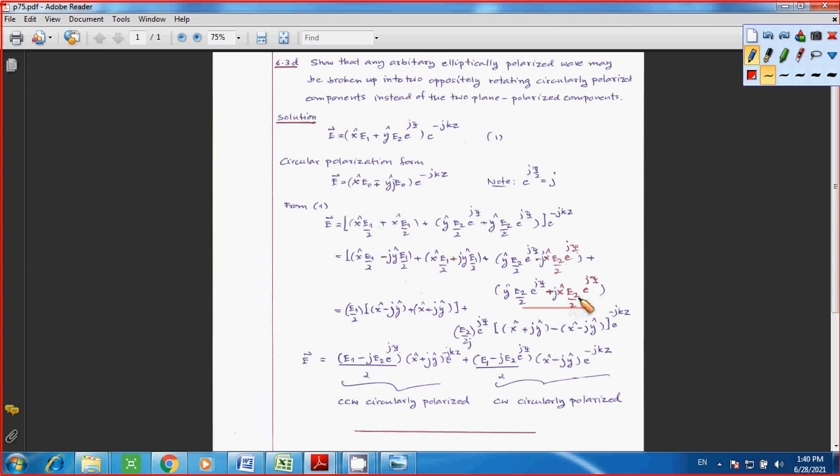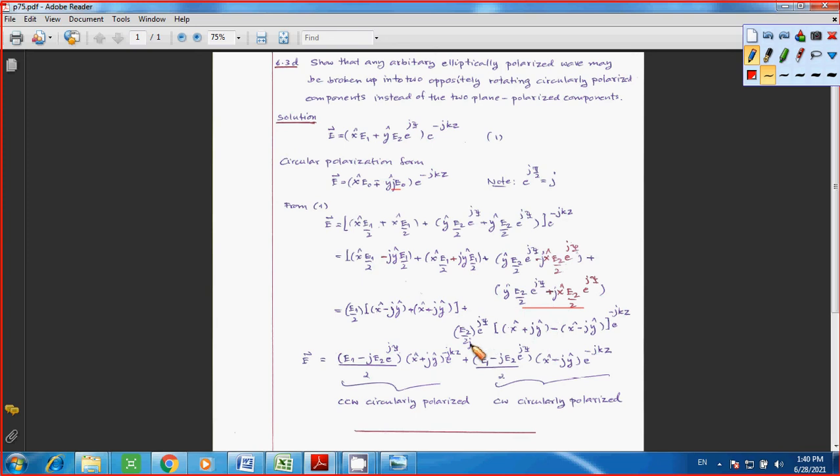Let's see the common term first. E2 over 2, and then e to the j psi, because you want this one in the form of a circular polarization, so you need j. So that's why you add j to y, so you have to divide it by j.